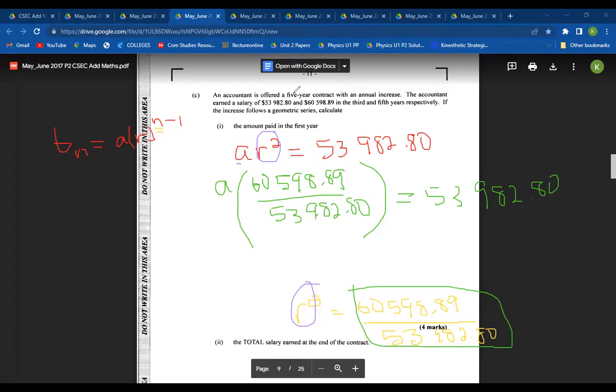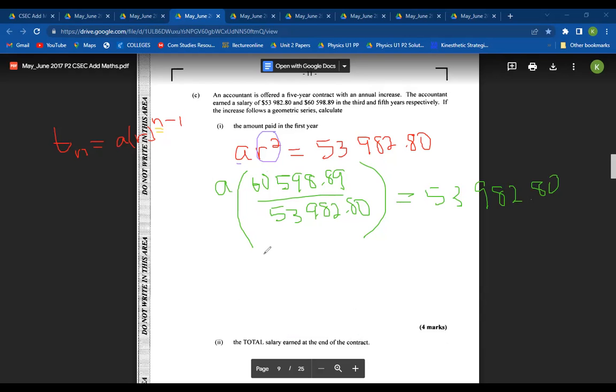53982.80. All I need to do now is to find A. So how would I find A? Well, I need to get rid of this, right? This would come across to this side, so it would become divide.